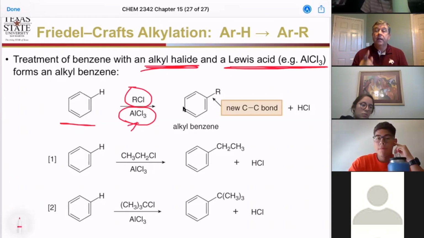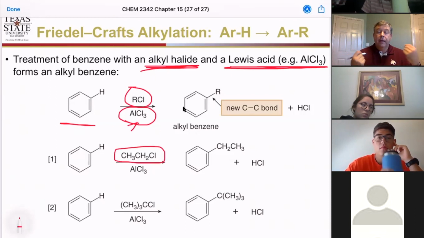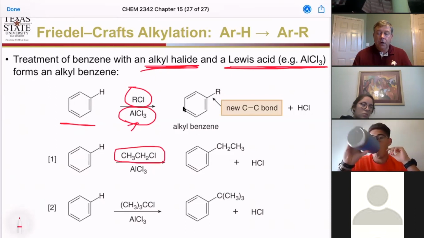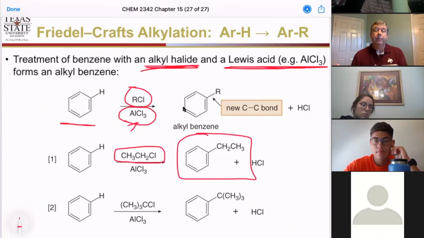Okay, that is not true for acylation. Okay, so in the case of something simple like this ethyl chloride here, we can generate our charged species, our carbocation species, and then add that chain to the system here. Okay, so this is just adding an ethyl group to that, going from benzene to ethylbenzene.